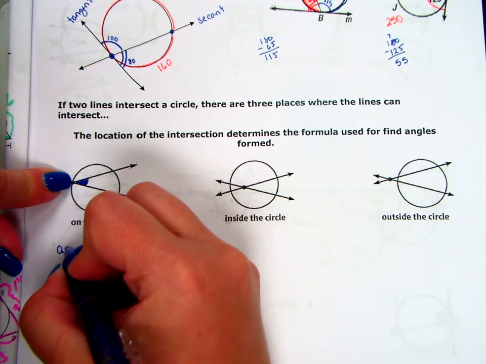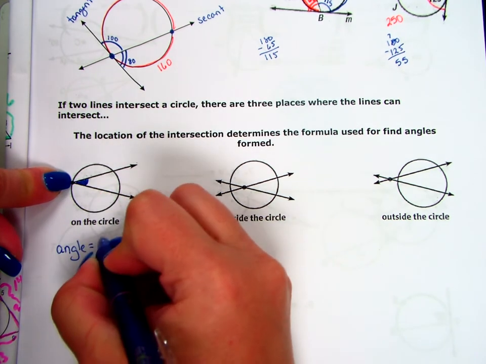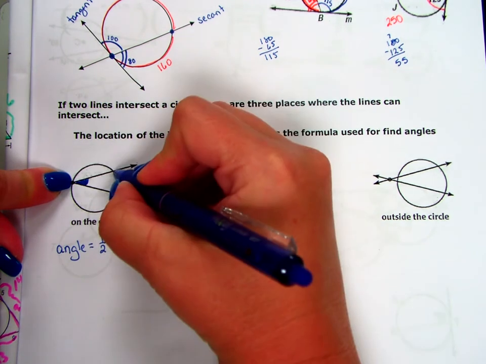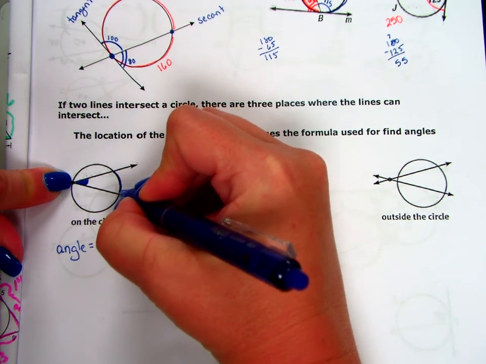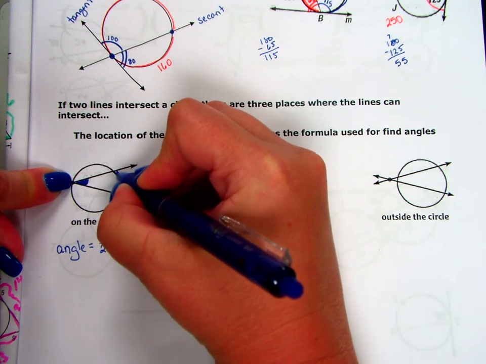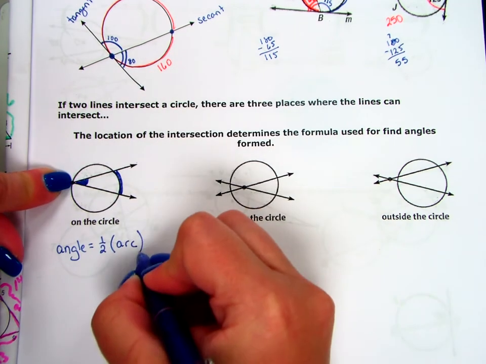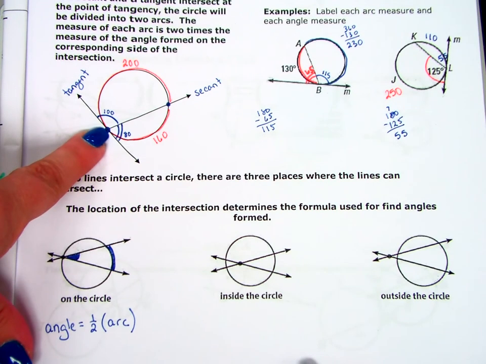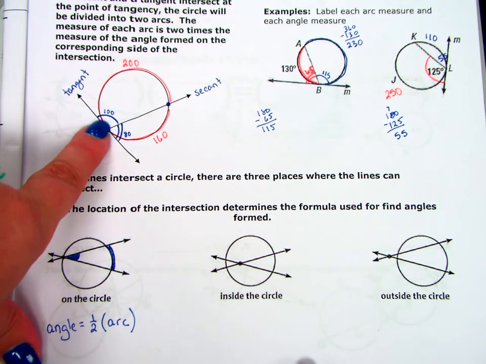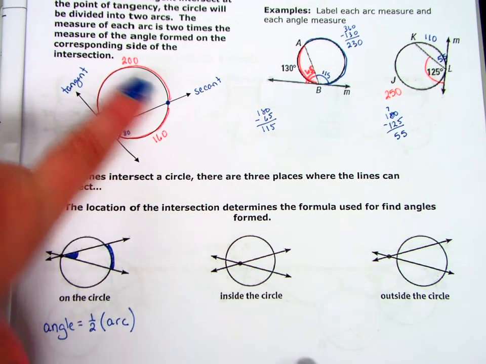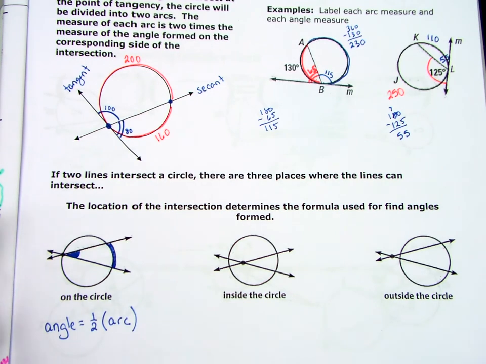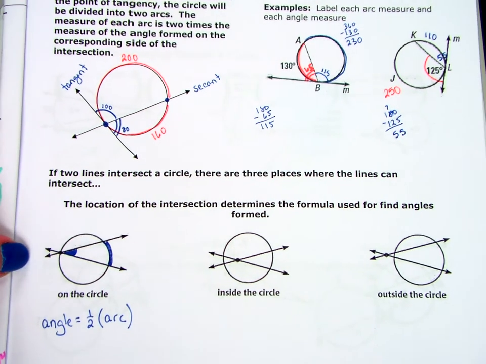And we already know if you have an inscribed angle, it's 1/2 the measure of the intercepted arc. So that's old news. We already knew that, right? And notice it even works for up here, right? Because my intersection is on the edge of the circle, and that angle is 1/2 the intercepted arc. Okay? Questions?